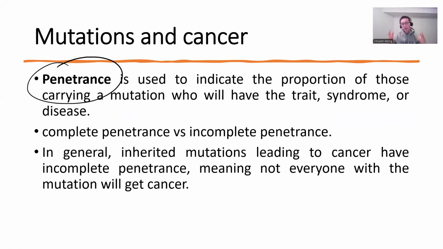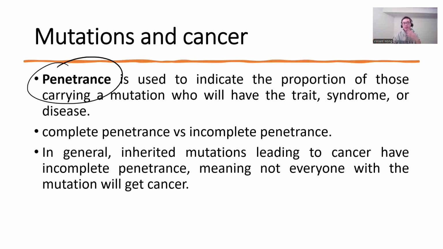There is a phrase called nature versus nurture. Nature is what you were born with, the genes and stuff like that. But the environment also shapes how those genes are manifested in your life, right? And so just because you inherit a bad copy of a gene does not necessarily mean it's going to lead to a disease outcome. So penetrance is the concept that describes what proportion of people with a certain mutation will actually end up having the disease or the condition.